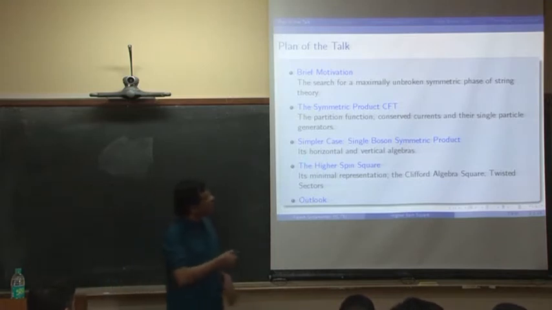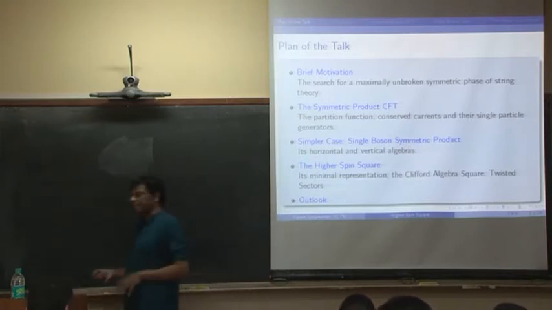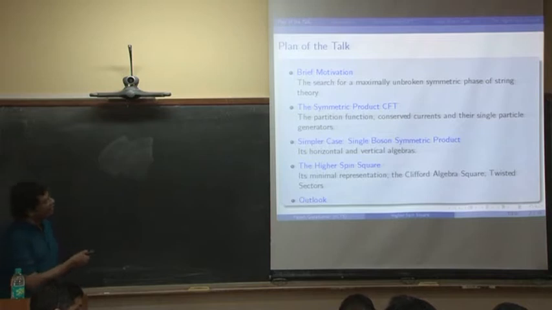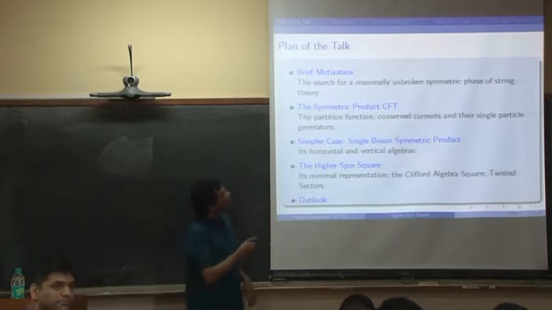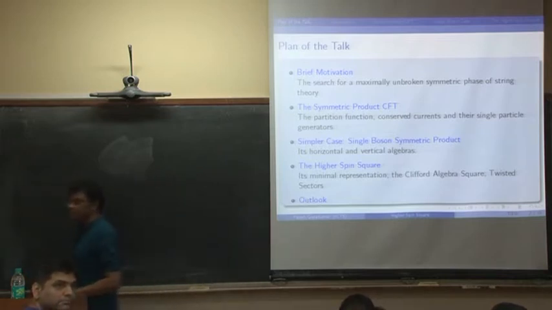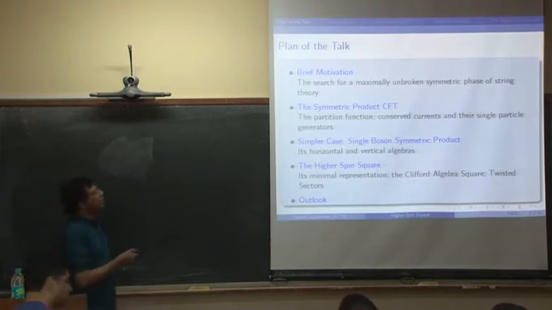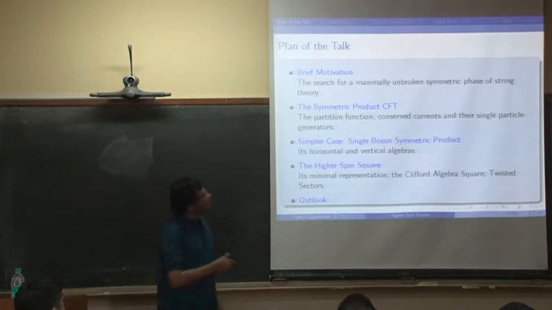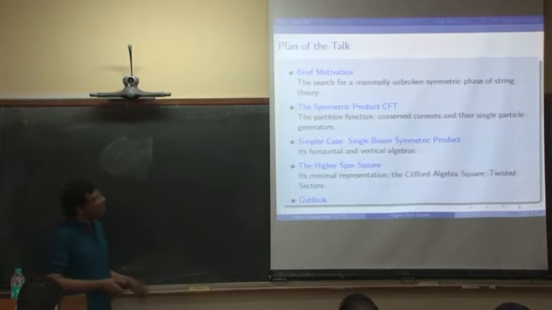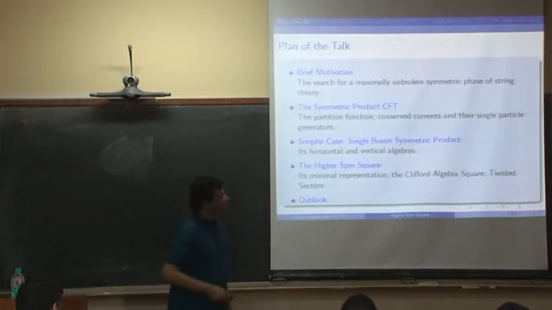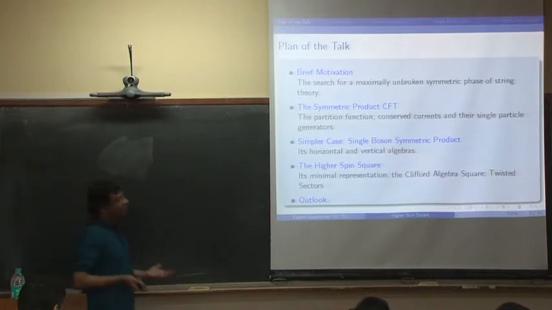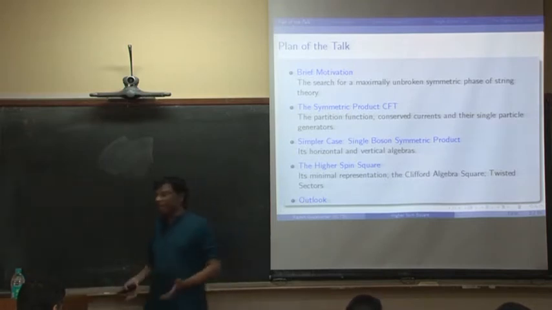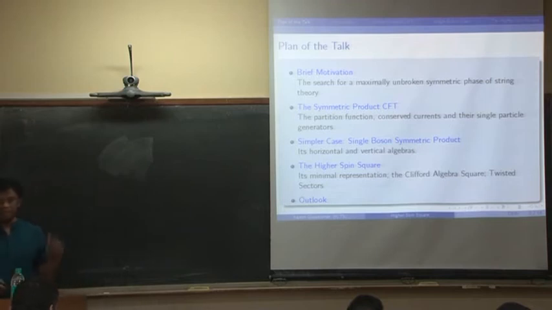This is familiar to most people in string theory, but I will put together some basic facts about the symmetric product conformal field theory, and in particular we will be looking at the single particle generators of all the conserved currents, which will determine the symmetry of this background.